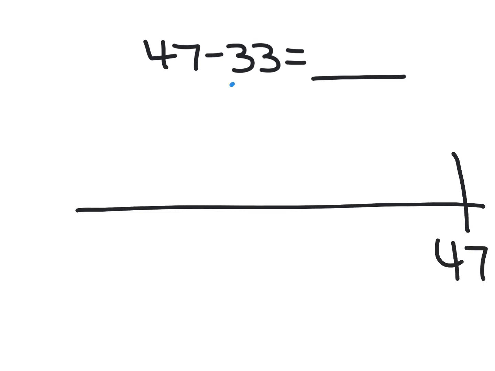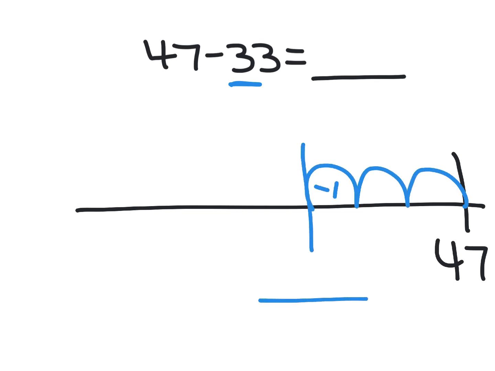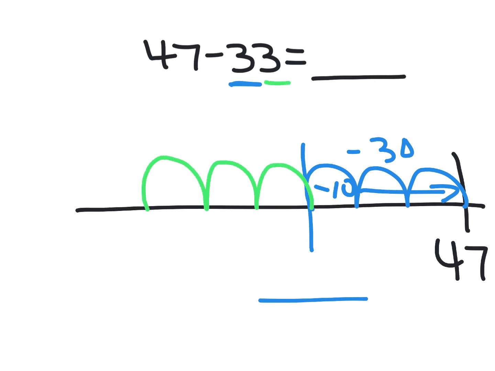We'll start by jumping back 3 tens. 10, 20, 30. Each one of these is valued at 10. It's 30 altogether. And now we'll jump back 3 ones. 1, 2, 3. Each one of these is worth a 1, or 3 altogether.